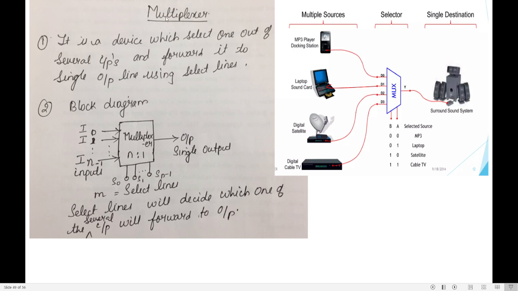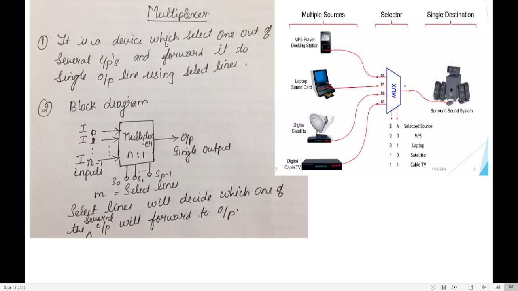Multiplexer is also called many to one. It will have several inputs and a single output. So you need to understand that a multiplexer is a device which will have multiple inputs and a single output. That is why we call it many to one.